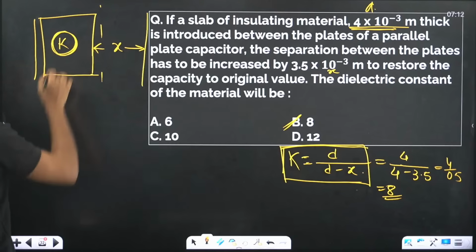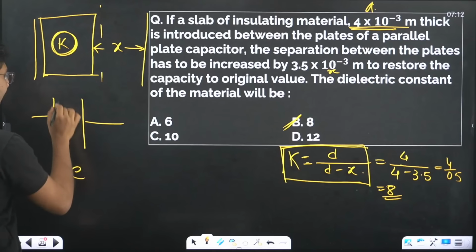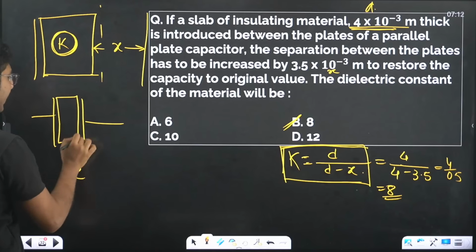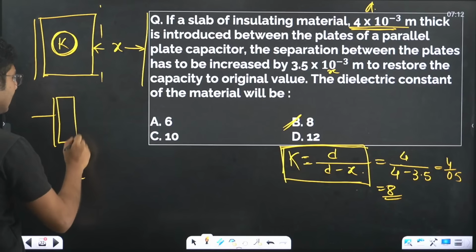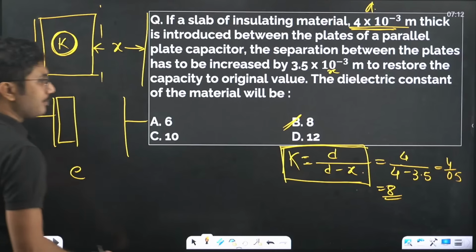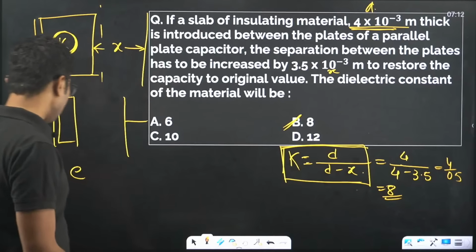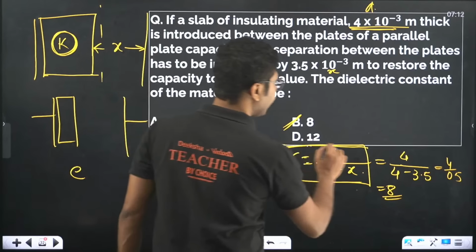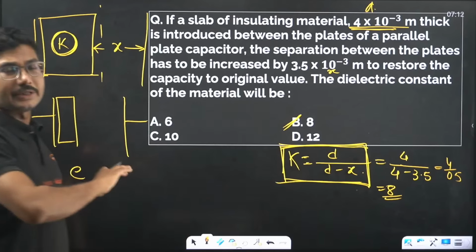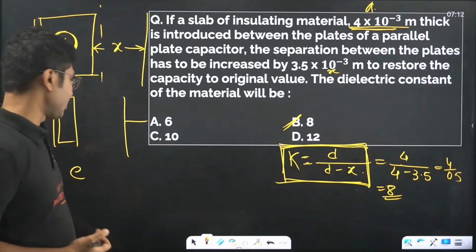Okay, if you already had a capacitance of say C, and you added a dielectric medium between the plates, now you have to increase the distance so that the original capacitance remains the same. Then the dielectric constant is d divided by d minus x. This is a neat little trick to solve the question quickly. Otherwise, if you do not know this formula, it will take you ages to solve this question.